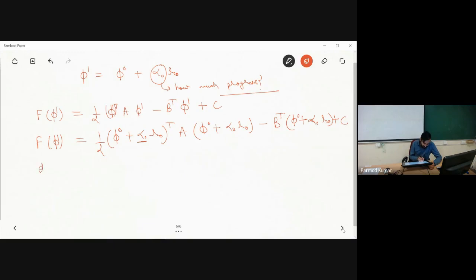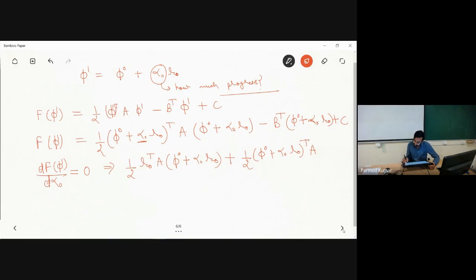So that's why I will now be differentiating this df of phi1 with d alpha naught. If I differentiate and set it equal to 0, what I'll be getting is half of r naught transpose A times phi naught plus alpha naught r naught, plus half of phi naught plus alpha naught r naught transpose A into r naught.